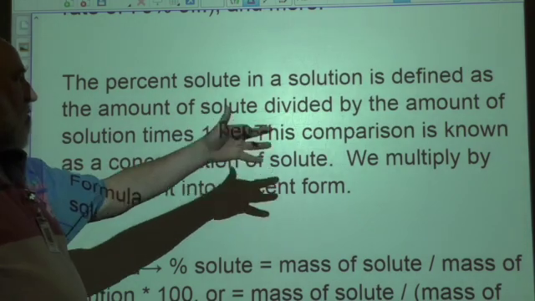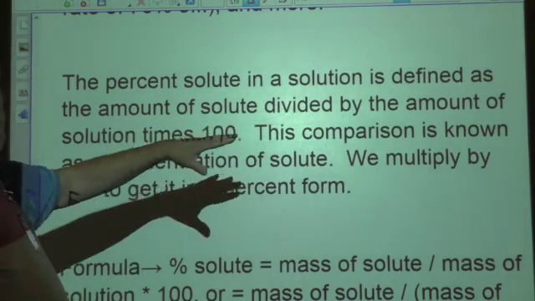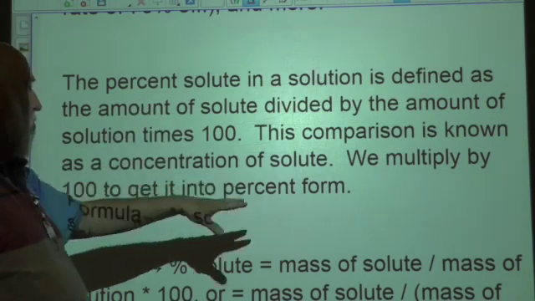The percent solute in a solution is defined as the amount of solute divided by the solution times 100. Okay? So this is what we're looking at here.